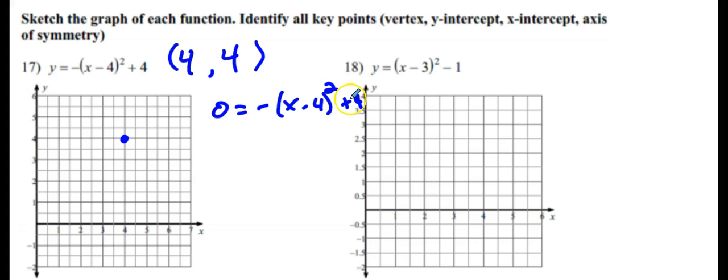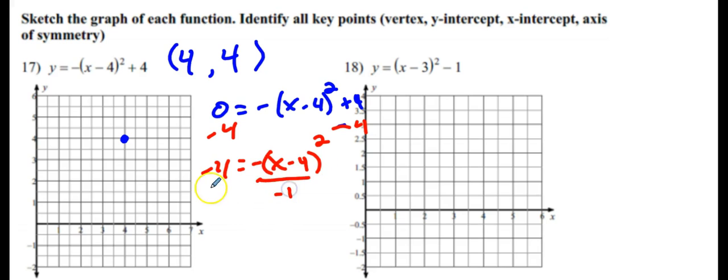Subtract that 4 from both sides. Come on, I said red. So now we have negative 4 equals negative x minus 4 squared. We got to get rid of that negative, so I'm going to divide both sides by negative 1. We'll have 4 equals x minus 4 squared.